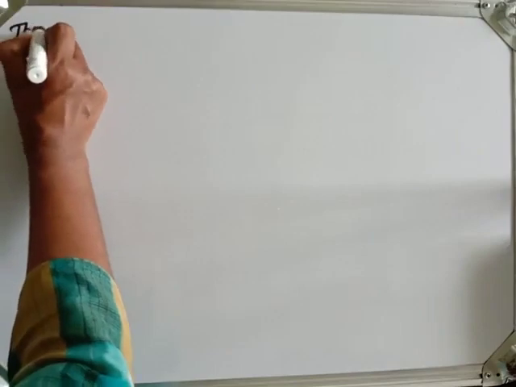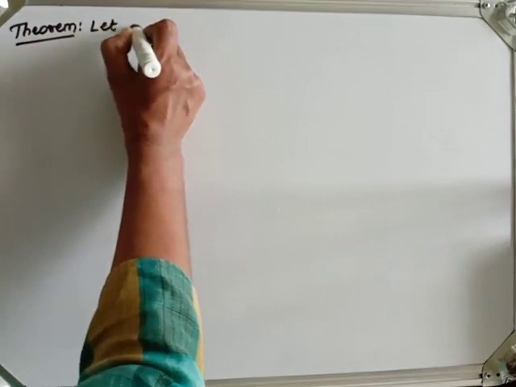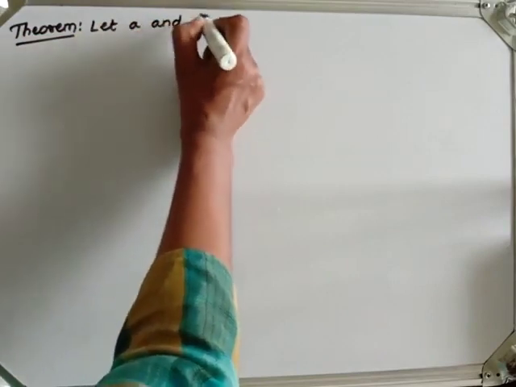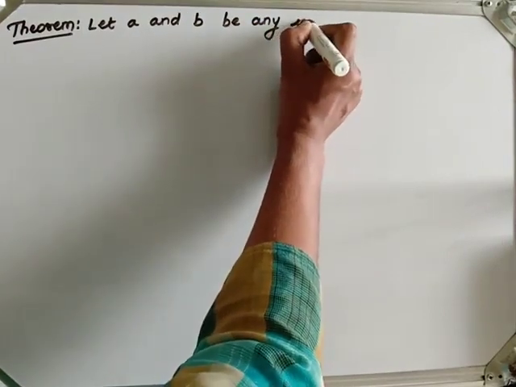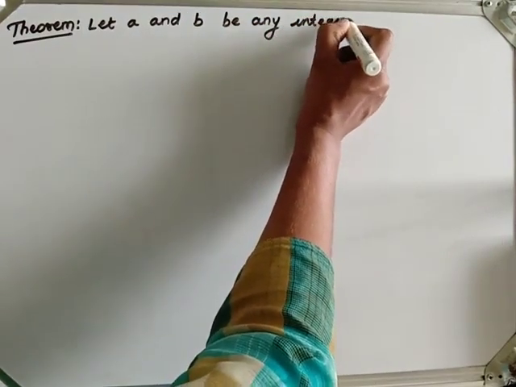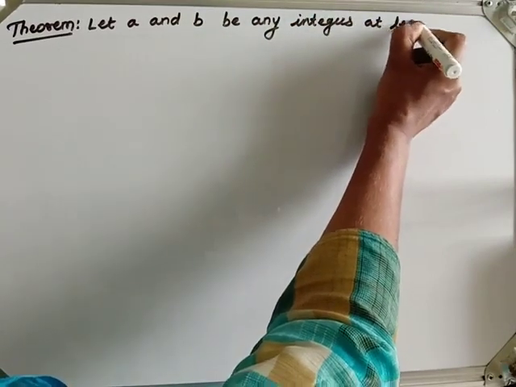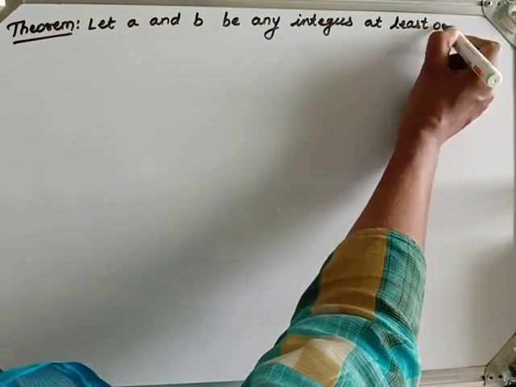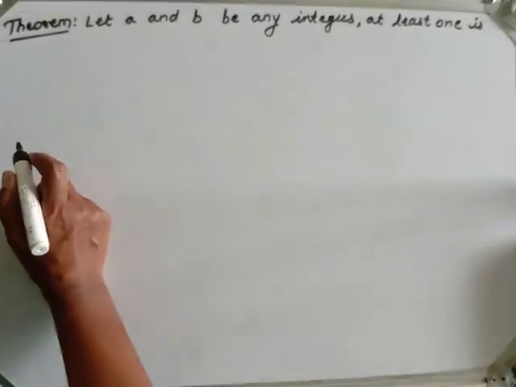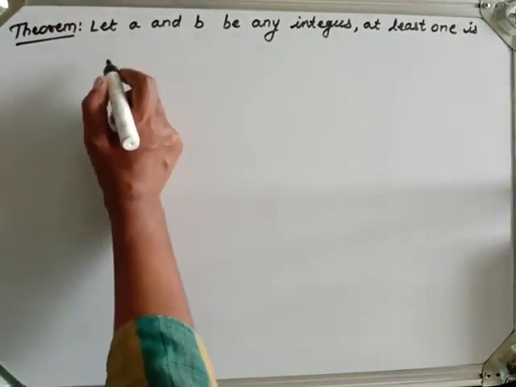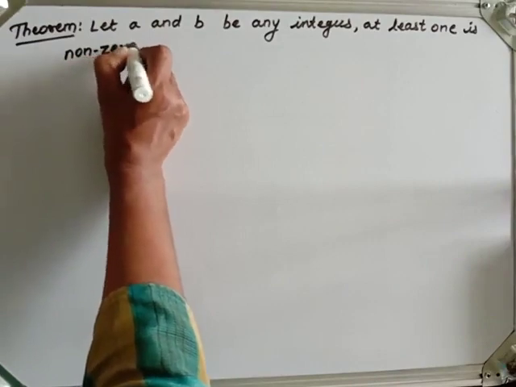Theorem: let A and B be any 2 integers, at least one of which is non-zero.